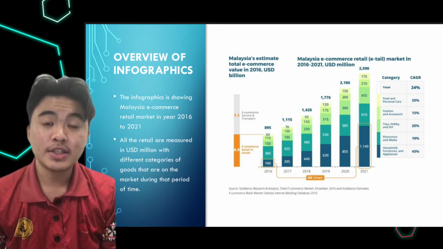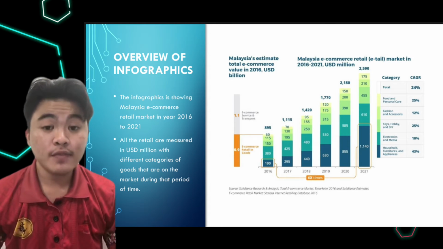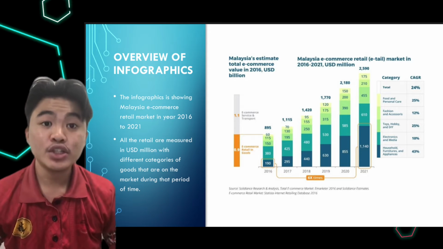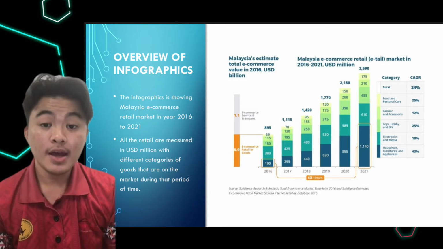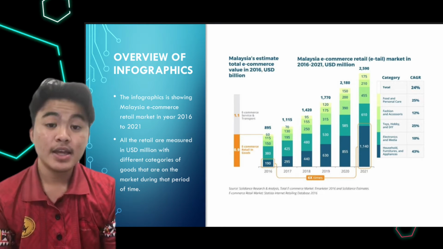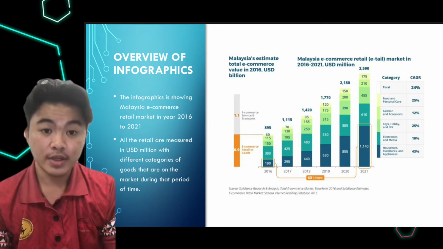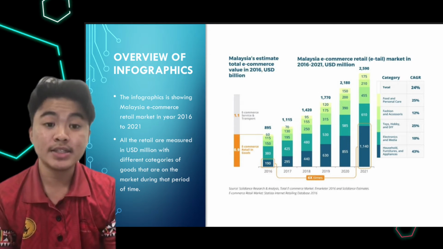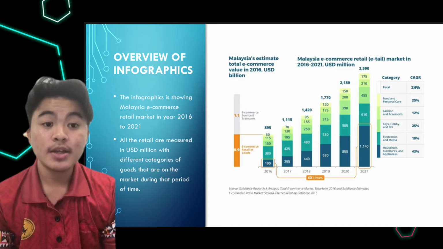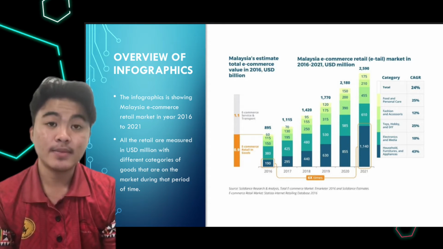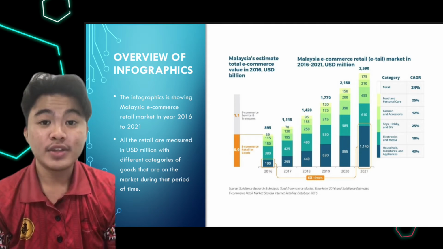The infographics is showing us the positive numbers that had occurred annually in Malaysia's e-commerce retail market. Last but not least, for the overview of this infographics is the source of it, which is from Solidian's Research and Analysis Total E-commerce Market, eMarketer 2016, and Solidian's estimates. So with that, it's obvious that we didn't make this up.